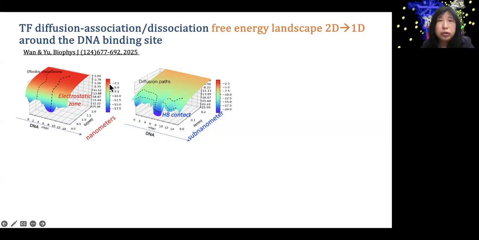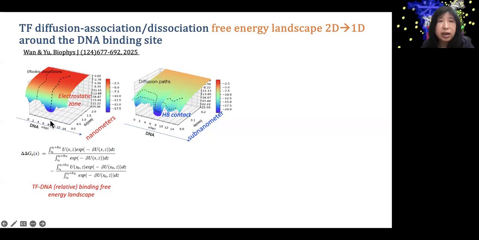For this 2D free energy landscape, we have two ways to map it to one dimension. One way is that we imagine that at particular spots, the protein dissociates effectively. So there will be a binding free energy defined at this particular spot.